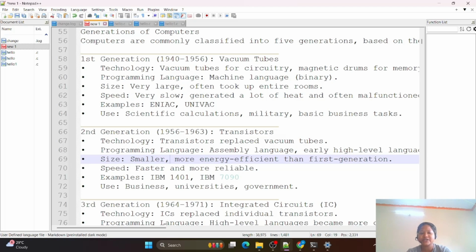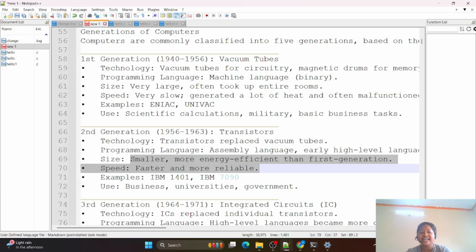Definitely the size was smaller than the first one, and it was more energy efficient than the first one. Because in the first one, it was large in size, it was just consuming a lot of electricity, so that's why it was producing heat. So they felt that these are the disadvantages and we have to do something better than this. So that's why they made it smaller, they made it more energy efficient than the first generation, and the speed was faster, and it was more reliable.